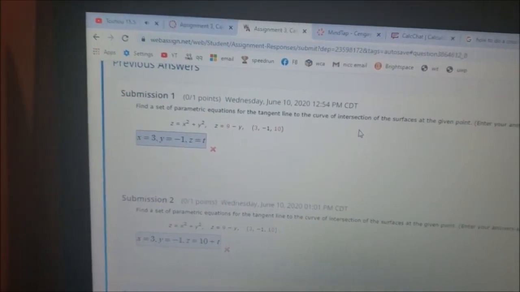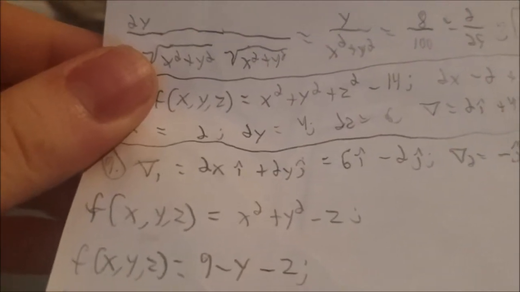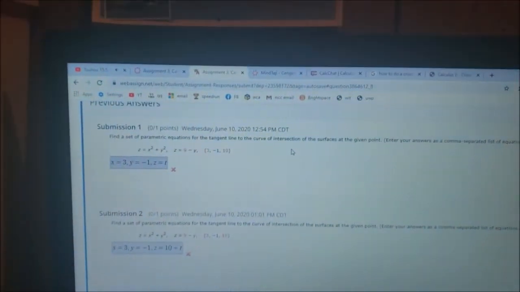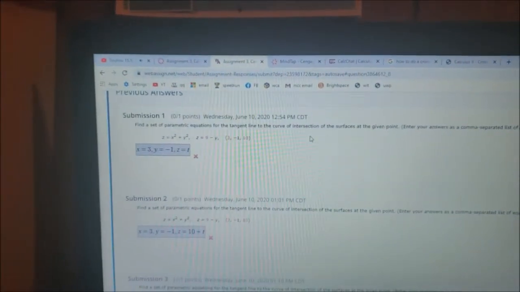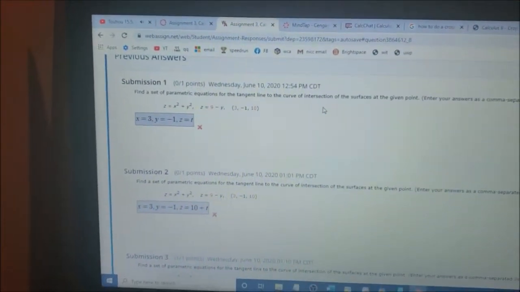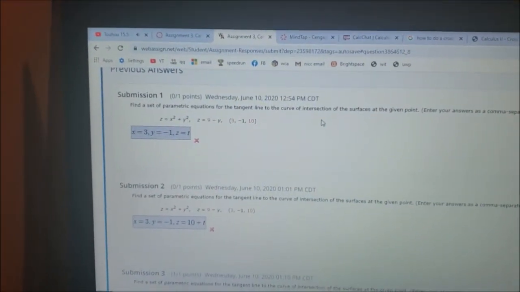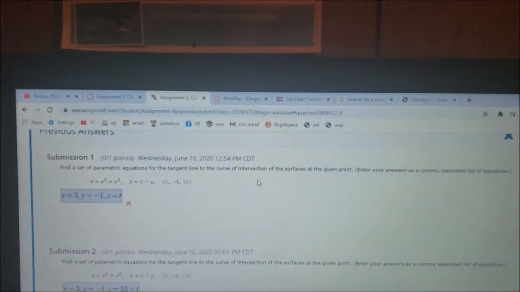Well, the first step you're supposed to do is change that into an f(x, y, z) equals x squared plus y squared minus z. But I didn't do that the first time. I just left it like that, and obviously I was going to get it wrong. So I did the entire problem making a mistake at the very beginning, so I had to redo the entire problem. And luckily enough, when I redid it, I got the right answer.